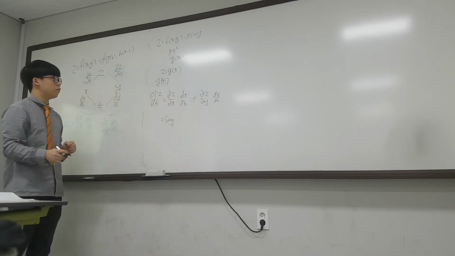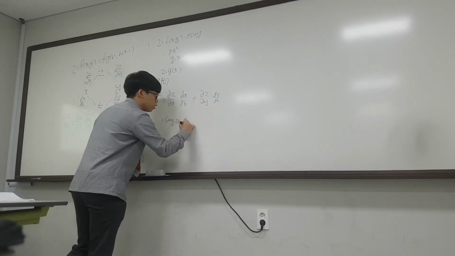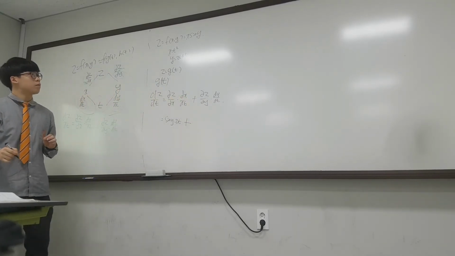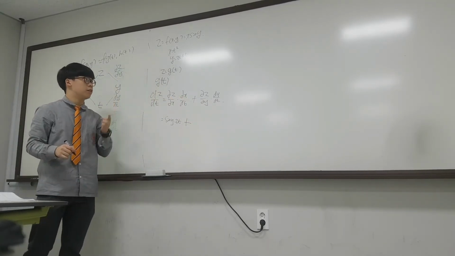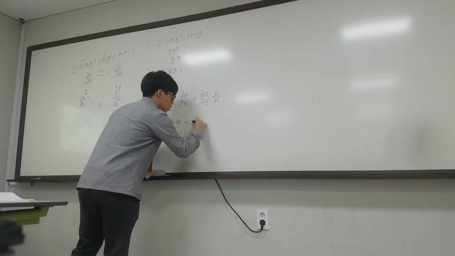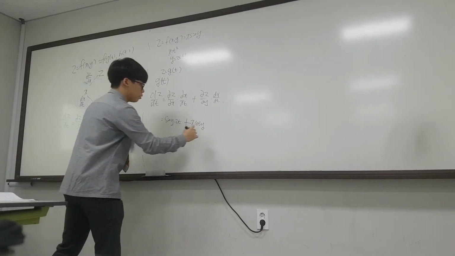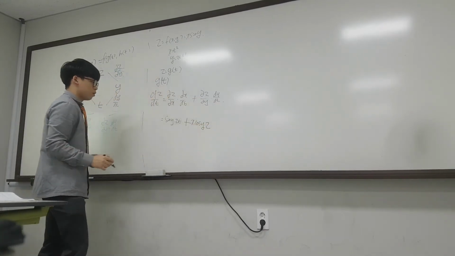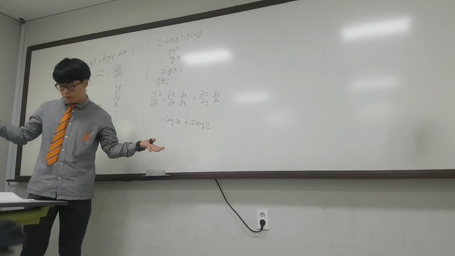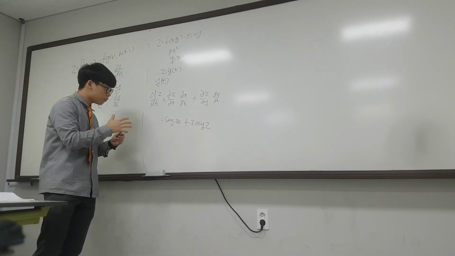And dx dt will be 2t, right? And then the partial derivative of z in terms of y is x cosine y, and then dy dt will be 2. So now we have the answer.